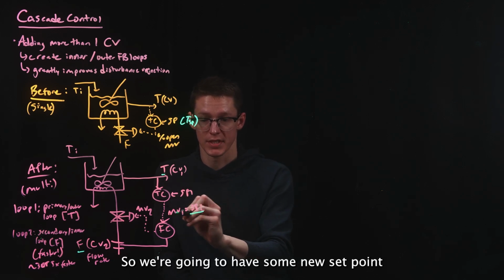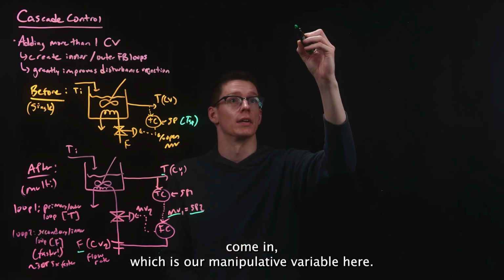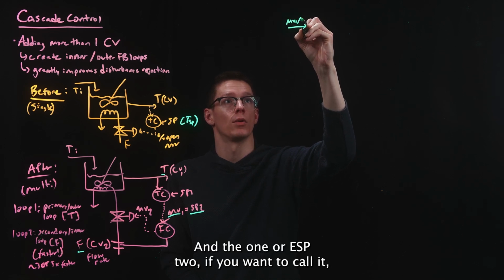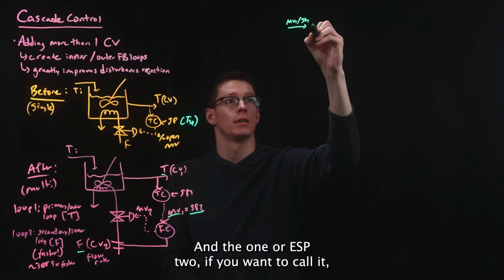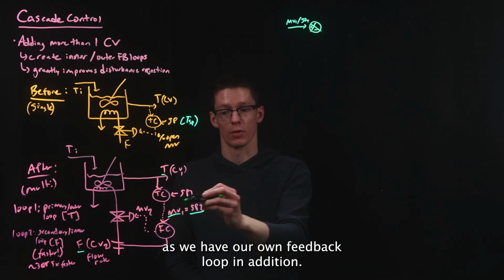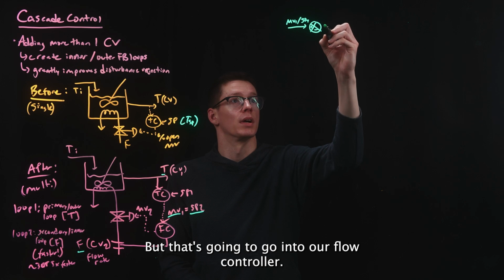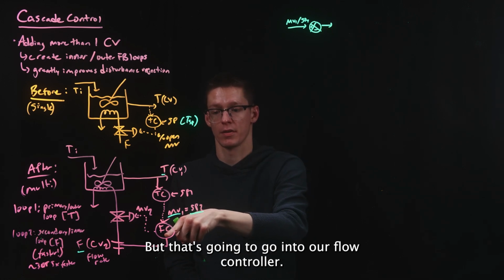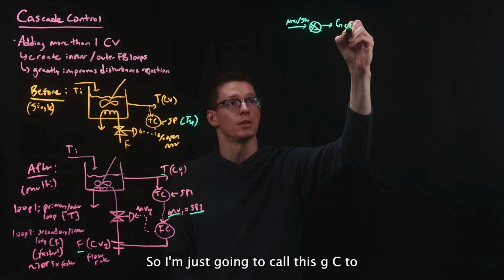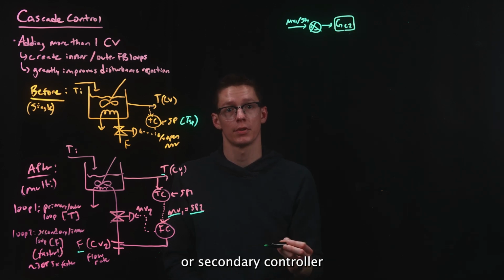So we're going to have some new set point come in, which is our manipulative variable here. So I'm just going to have that come in, MV1 or SP2, if you want to call it. And this is going to involve some type of error as we have our own feedback loop in addition. But that's going to go into our flow controller. So I'm just going to call this GC2 or secondary controller.